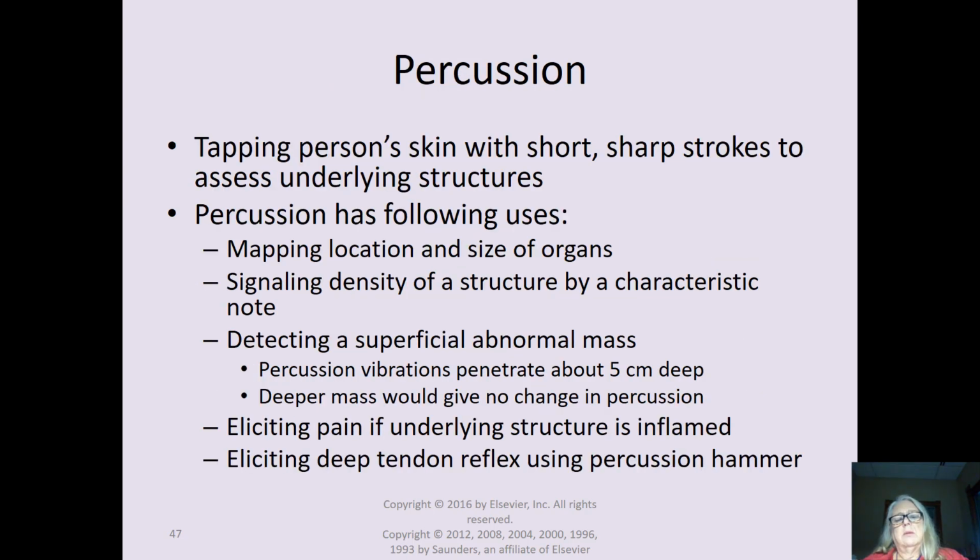Percussion means a type of tapping on the patient. There are different ways to do it, and we'll experiment in class. Pretty much this is what I do. I put my finger there and I tap. Some people will do 3 fingers and tap, but you're tapping with your middle finger and you're looking for different tones, and it's kind of a different feel.